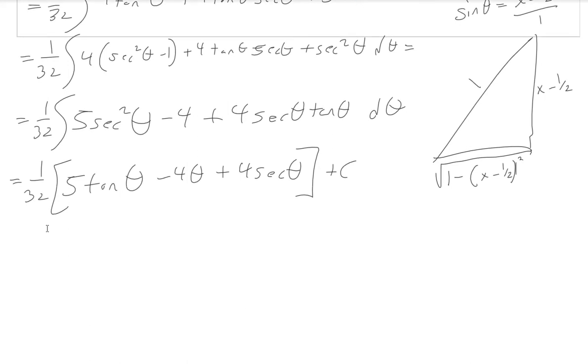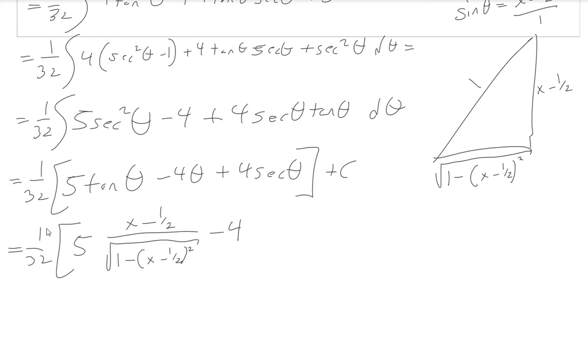All right, so then we can define all of our trig functions. None of these are overly complicated. Tangent is going to be opposite over adjacent. So that's going to be x minus 1/2 over the square root of 1 minus x minus 1/2 squared. Minus 4 times theta, where sine of theta equals x minus 1/2.